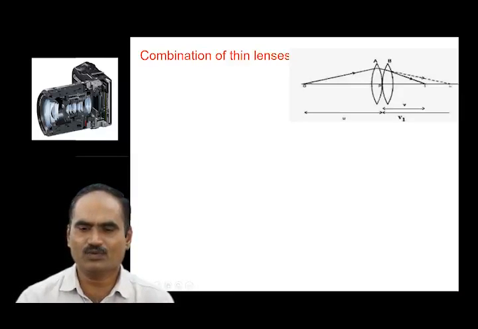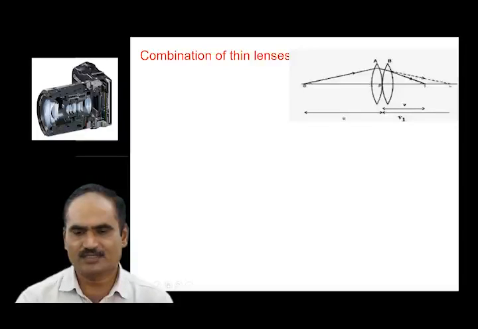If you take two lenses together and keep them like this, U is the object distance and V is the final image distance.